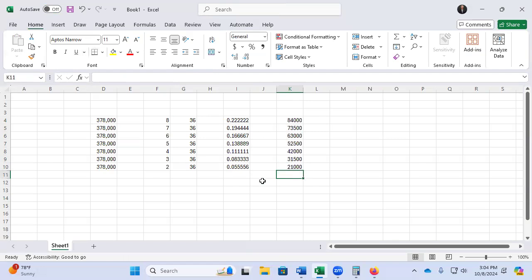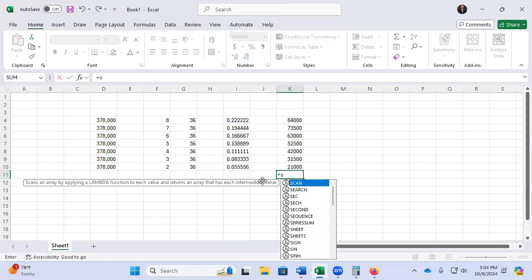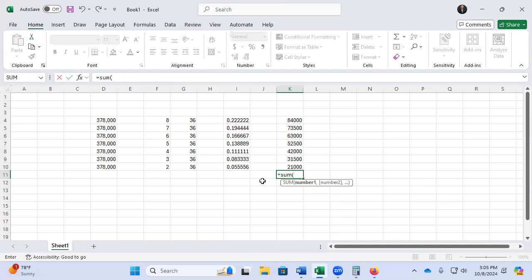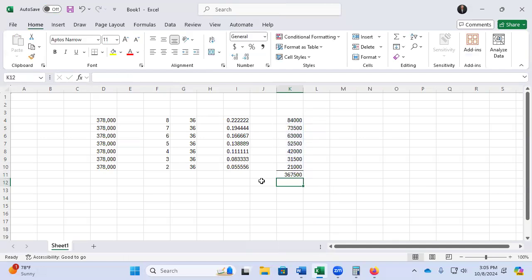If we sum these up, we have to make sure that it doesn't go over our amount, where the 10,500 would be there. That would take us to exactly 378,000.